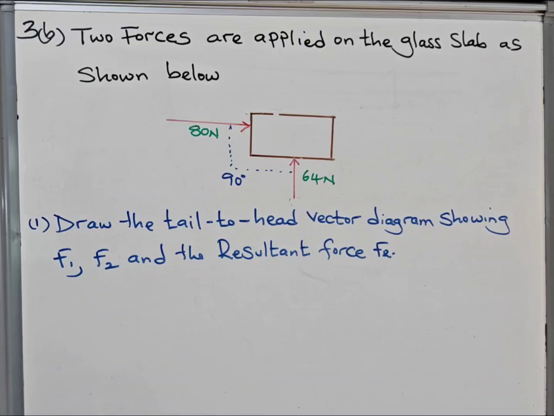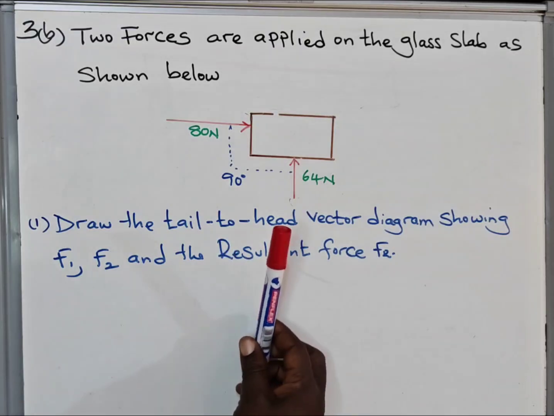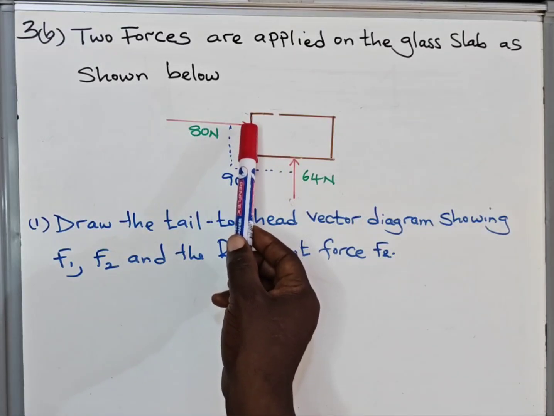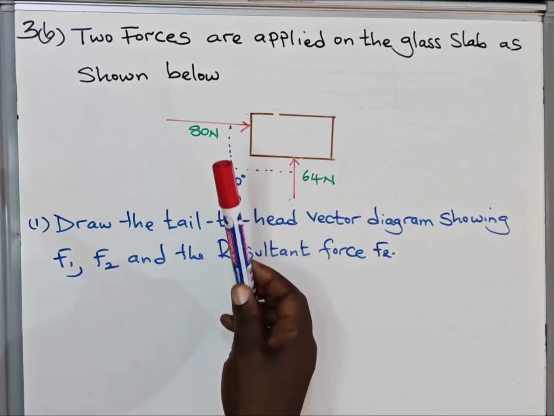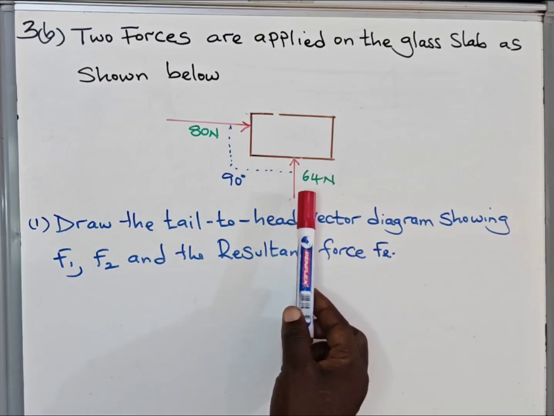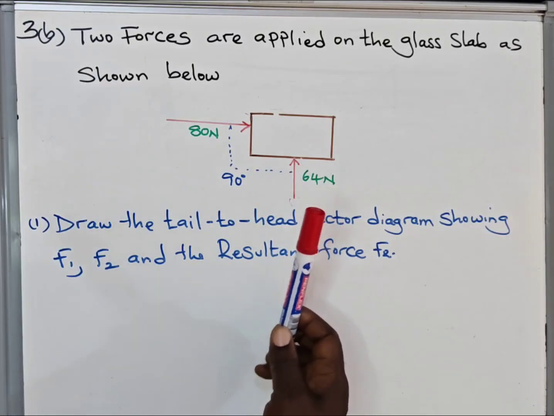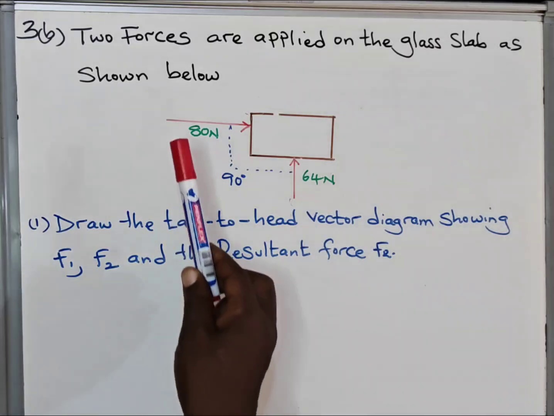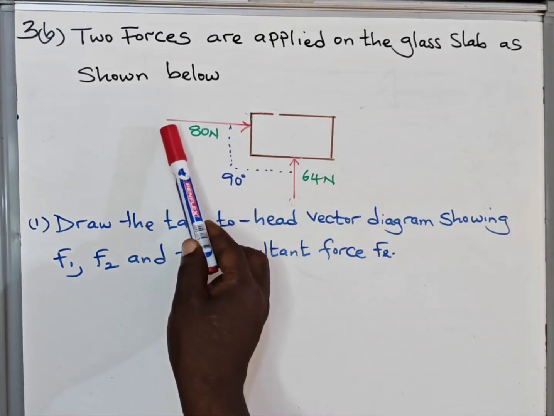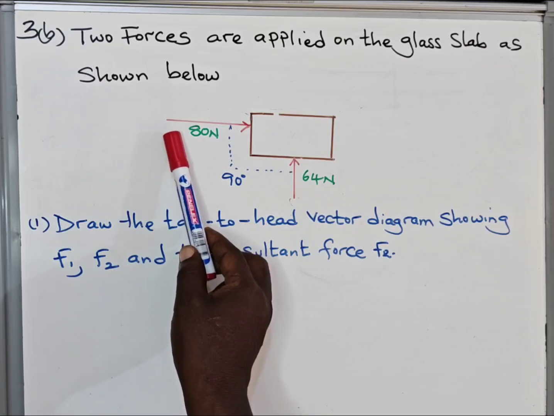This is what you have to know, that what we call tail to head is that the head of one force must be in contact with the tail of the other one. I need to remind you that for a force like this one, this is the head and this is the tail.